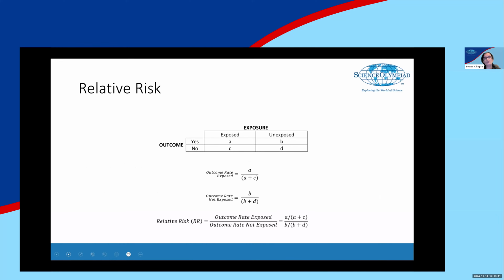Now I want to switch gears, and I'm focusing a little bit on the statistics because this is something that is harder for students. So I want to show you this 2x2 table, which is a very common tool that we use in epidemiology and statistics. And we look at various outcomes. In the beginning, I told you about outcomes in epidemiology, and I also told you about exposure.